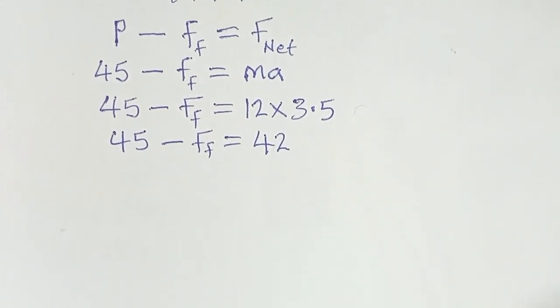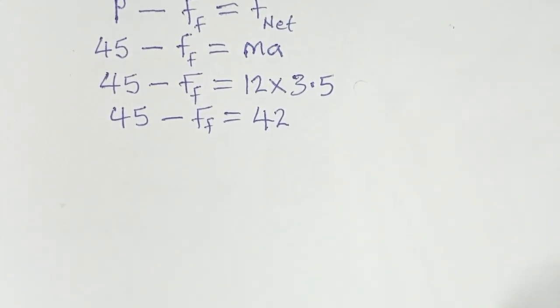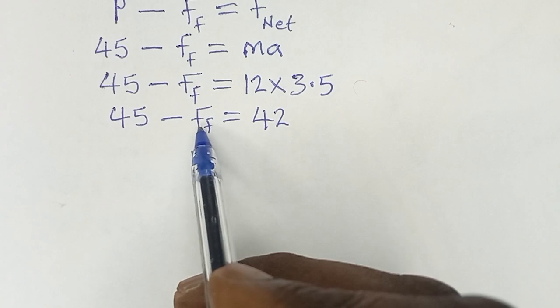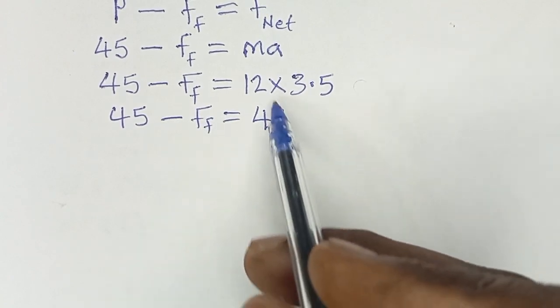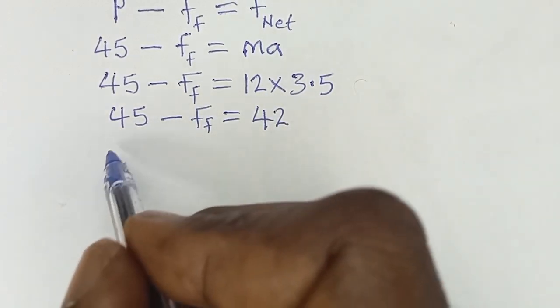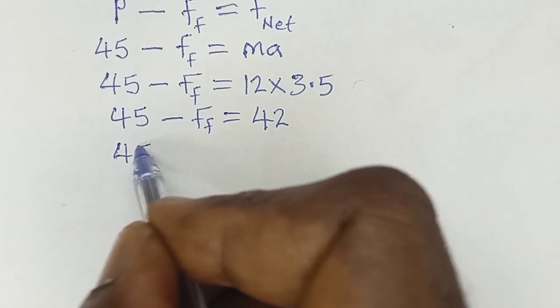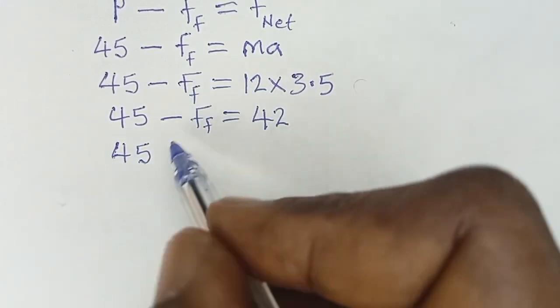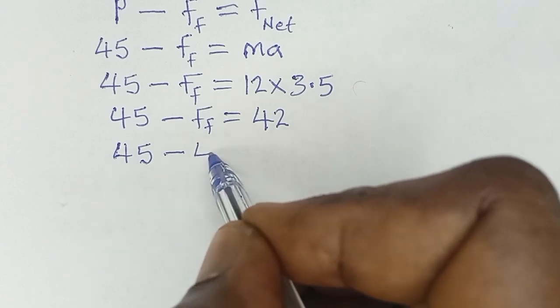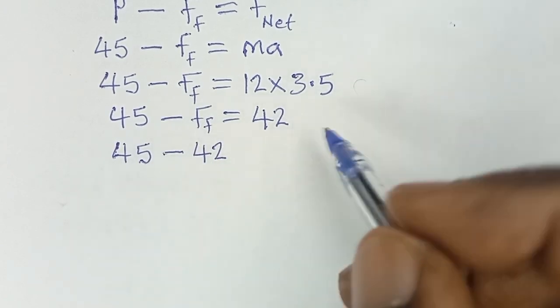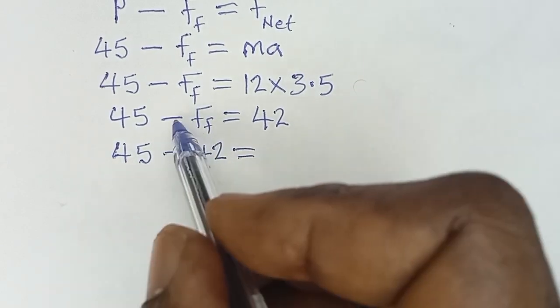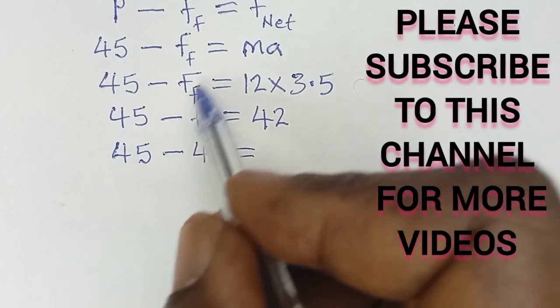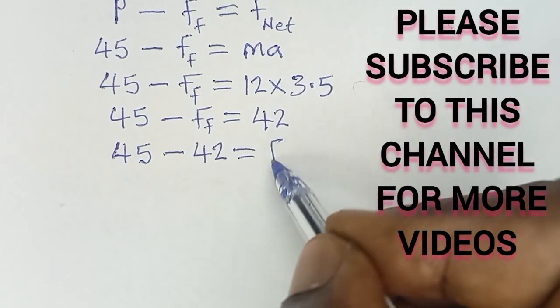Now I can take the frictional force to this side to avoid a negative sign, and bring this 42 to the left-hand side. So I have 45 here. This is positive 42; when it moves to the left-hand side, it becomes negative 42 since it is changing side. This is a negative frictional force; if it comes to this side, it becomes positive.